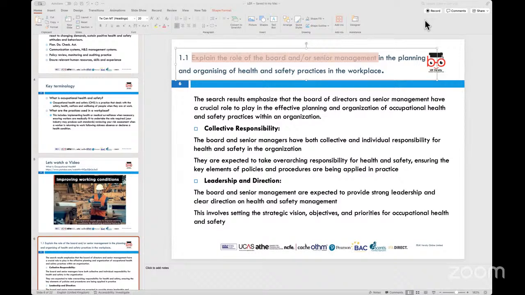So generally, what will happen is the senior management would be responsible for ensuring that they have devised an appropriate strategy, and they have created at least an environment in which this particular strategy of health and safety can be implemented within the organization.